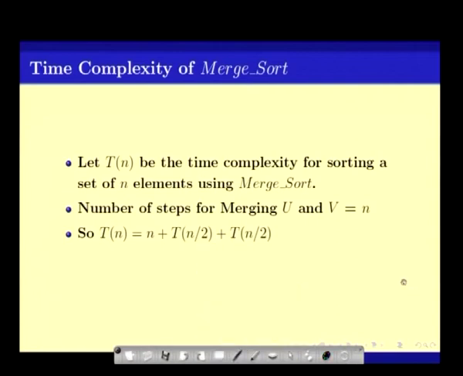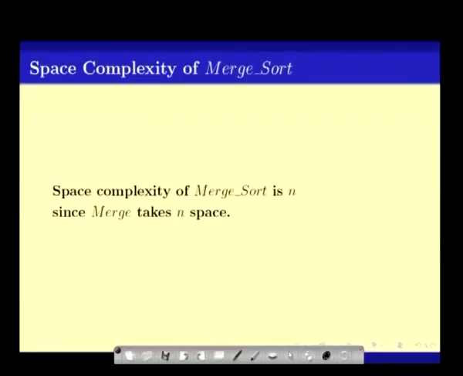And once we have this, T(n) equals n plus twice T(n/2), which is exactly the same analysis we did before, and in that case we got T(n) is less than or equal to twice n log n. Now, in the space complexity of merge sort, since merging itself takes space n, we cannot do anything but use this space n.